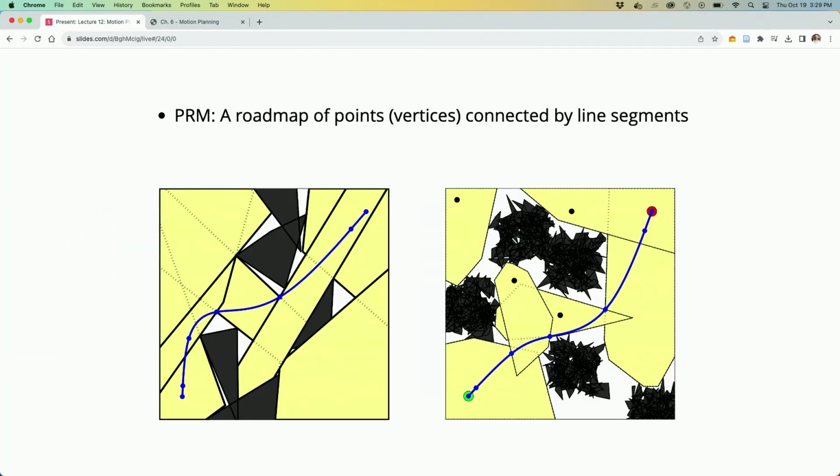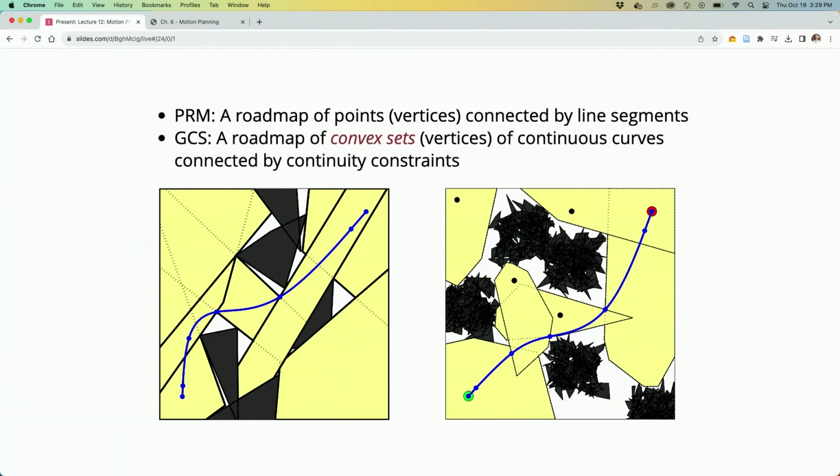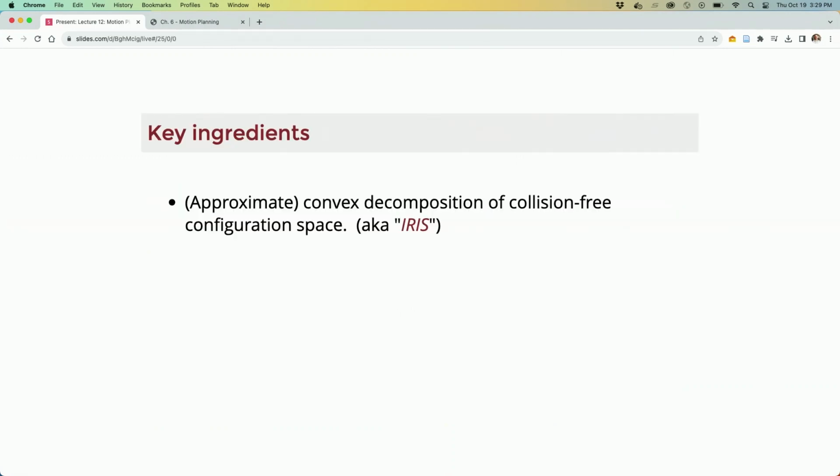Okay, so the PRM is a roadmap of vertices, and this thing we're calling graphs of convex sets, GCS, because we needed 3 letters to play in the space, is a roadmap of convex sets, okay, with continuous curves inside them. All right, so this is how it works. So the first thing we have to do is an approximate decomposition of collision-free space.